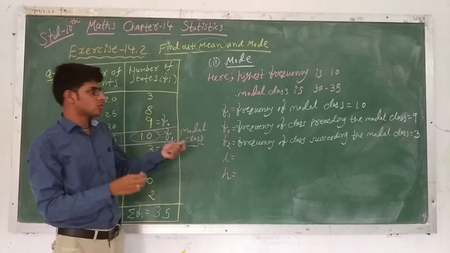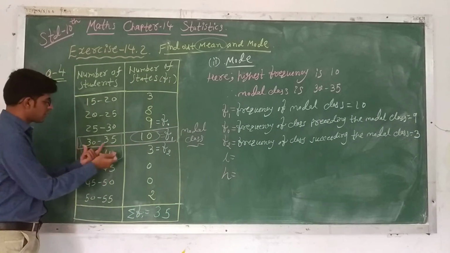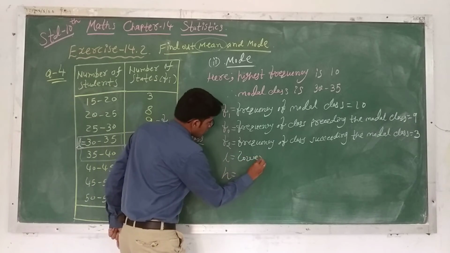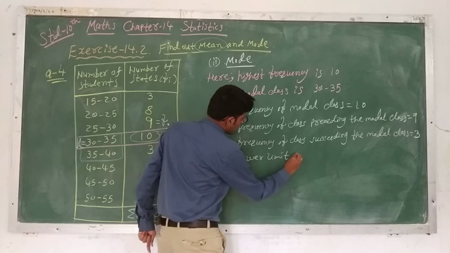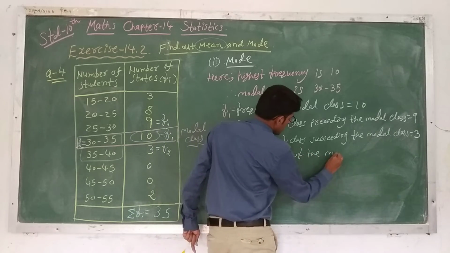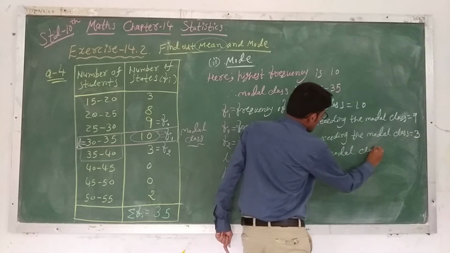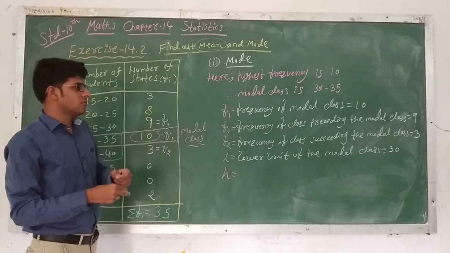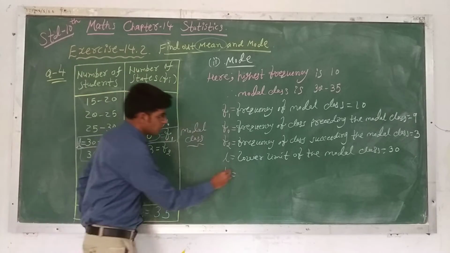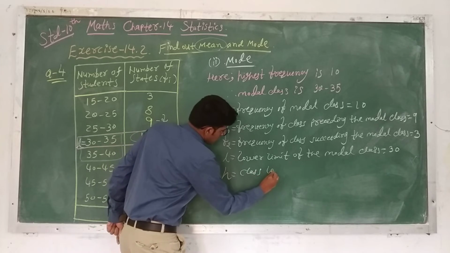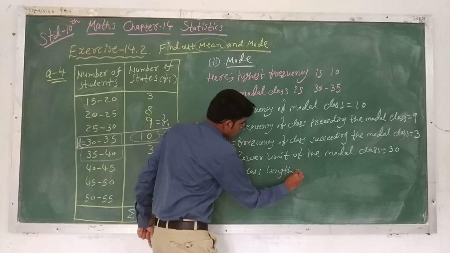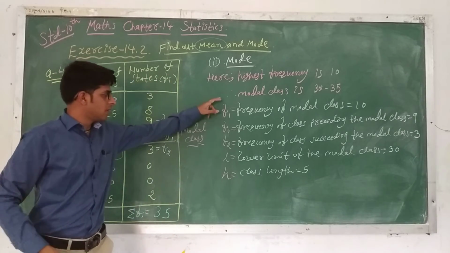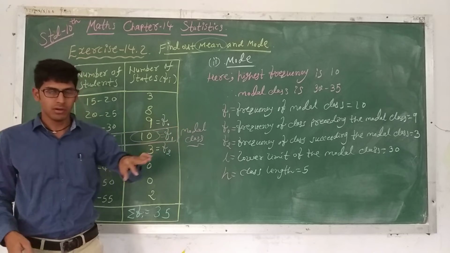L is equal to the lower limit of the model class. The model class is 30 to 35, so L is equal to 30. The class length h is the same, 5. Next we put all the values in our formula.